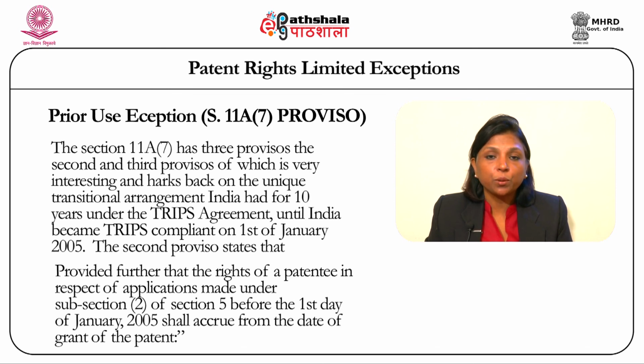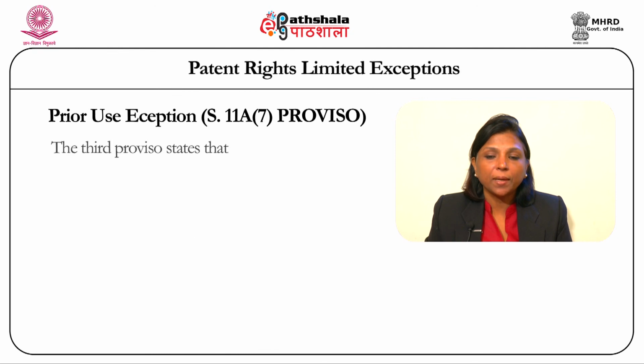And section 5(2) relates to the very peculiar section that we had under the original Patents Act of 1970, which granted only process patents to drugs, pharmaceuticals, medicines, and food and chemicals. The third proviso to section 11A(7) is even more interesting.